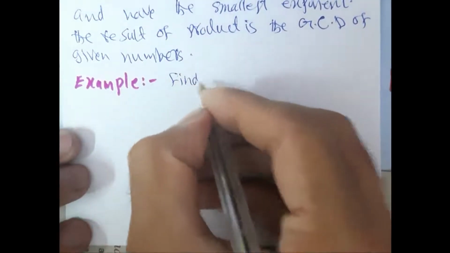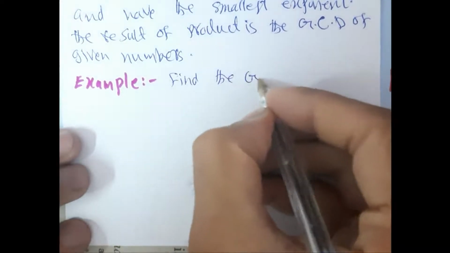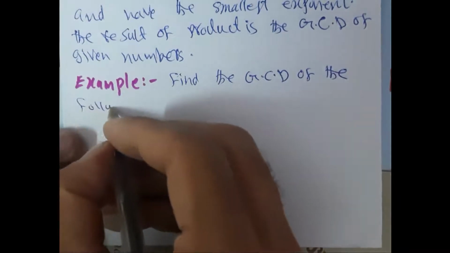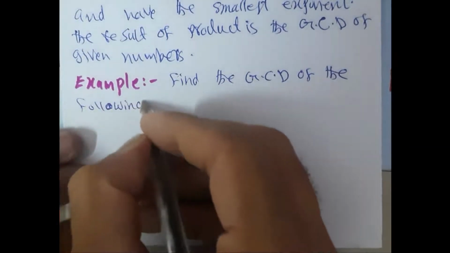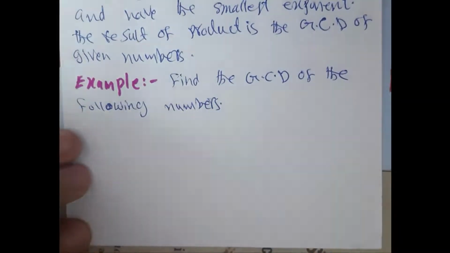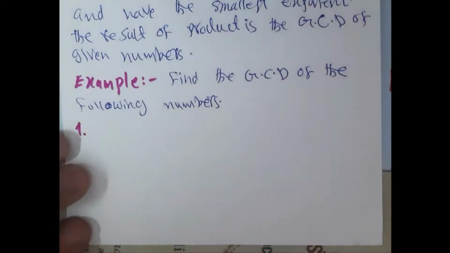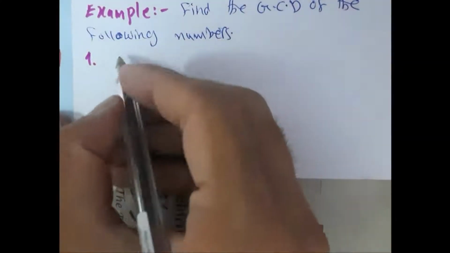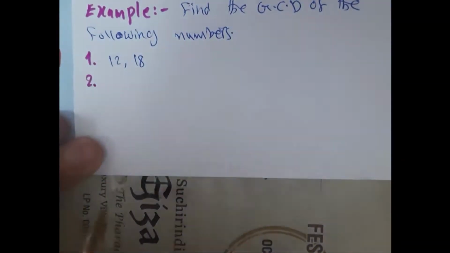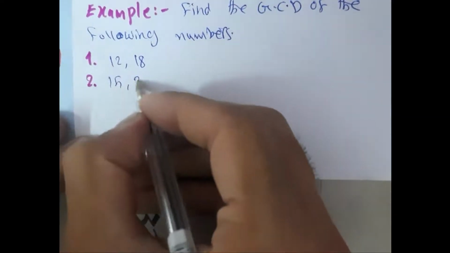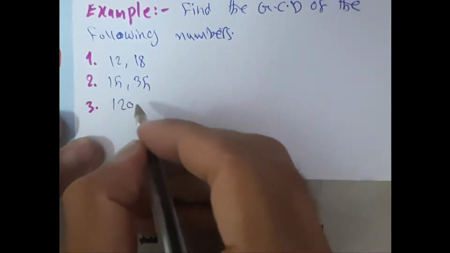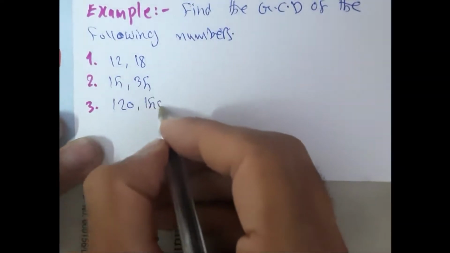Find the GCD of the following numbers. Number 1: 12, 18. Number 2: 15, 35. Number 3: 120, 150.